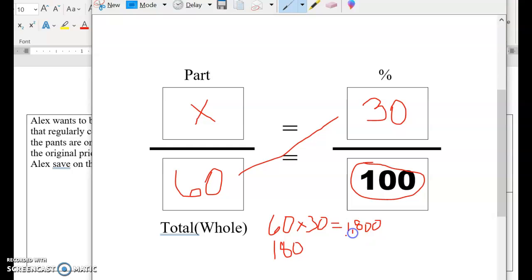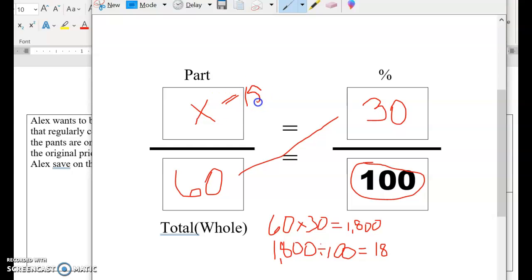Wait, let me put this comma here. That is a comma. I want to make sure I put that there. So 1,800 divided by 100 is 18. Again, if you do not know, use a calculator. So that means x equals 18.